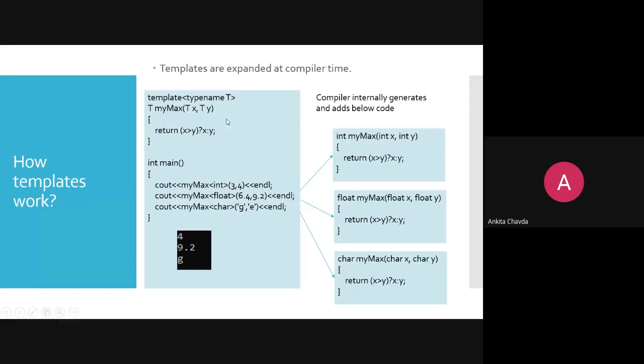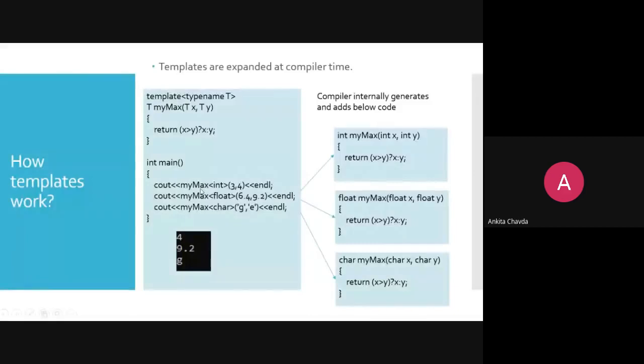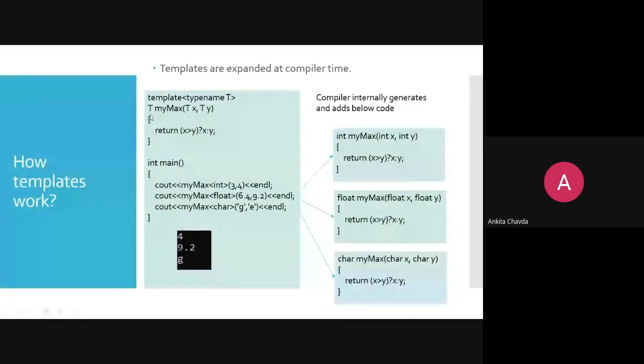So here is the first example of how you can write the template. Say suppose you want to find the maximum from two values, right? These two values could be integer, float or character. So if I'm not having a template, I have to write three functions, something like this.